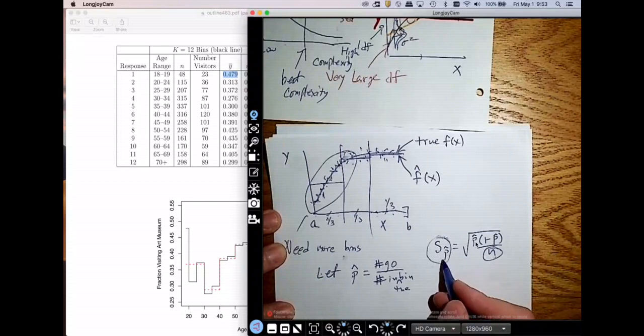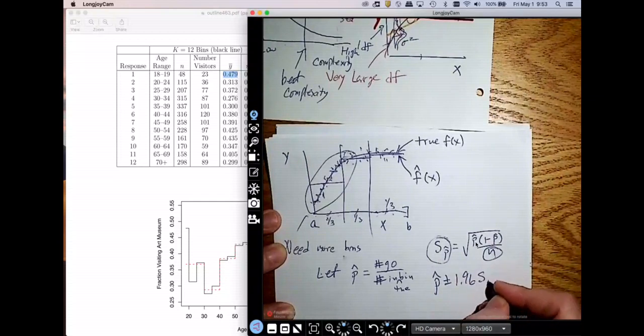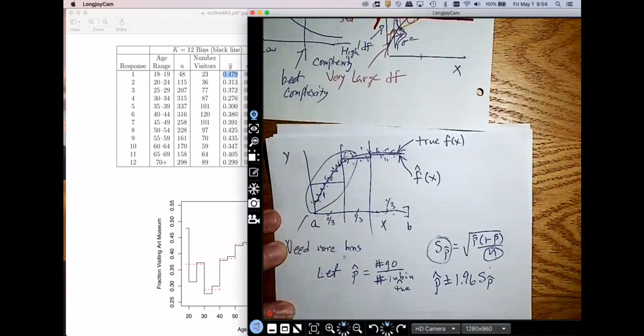Okay, so that's, remember, a confidence interval for this would be p plus or minus 1.96 times the standard error. All right, so your error bars get wider when you have small n than when you have large n. And if I have a sample of 1 million in each bin, then this thing is going to be practically 0, and my estimate is going to be perfectly reliable.